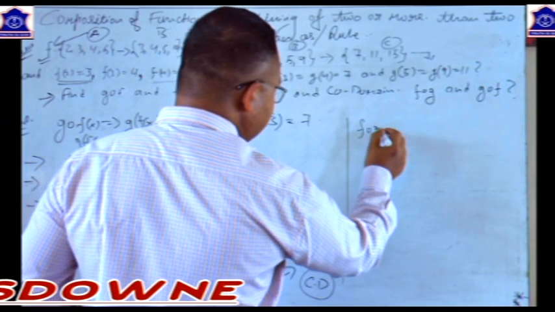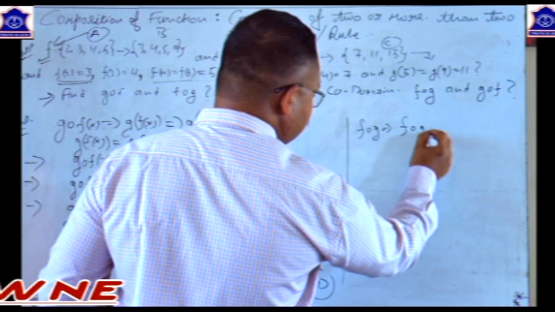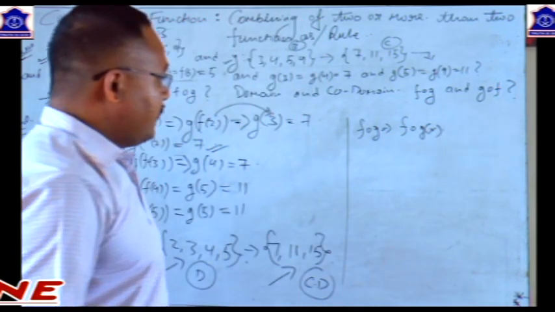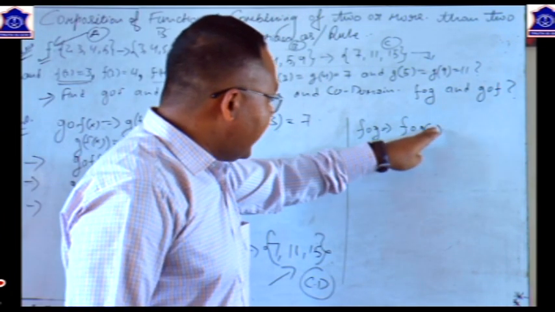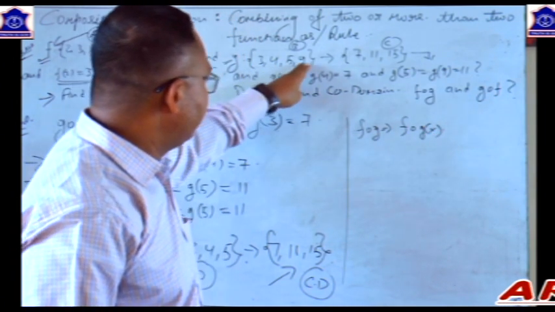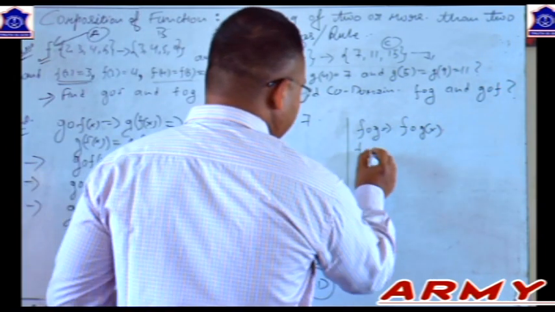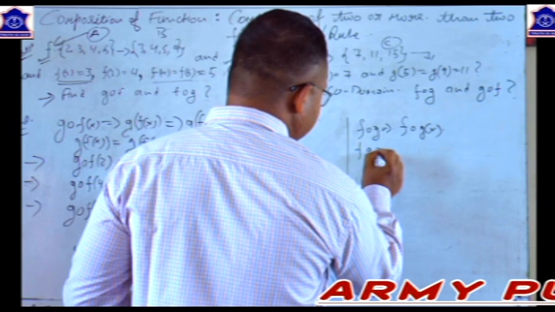fog implies that f is a function of g(x), where we have to give the value to x from the domain of g, and the domain of g is 3, 4, 5, 9. So checking for the first element, f of g(3).